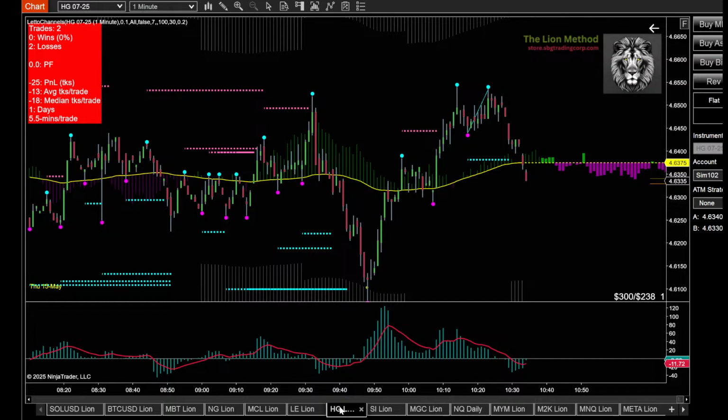Well, copper was a good looker. Good trade there. We didn't hit overbought, but the delta did indicate a good solid short there.